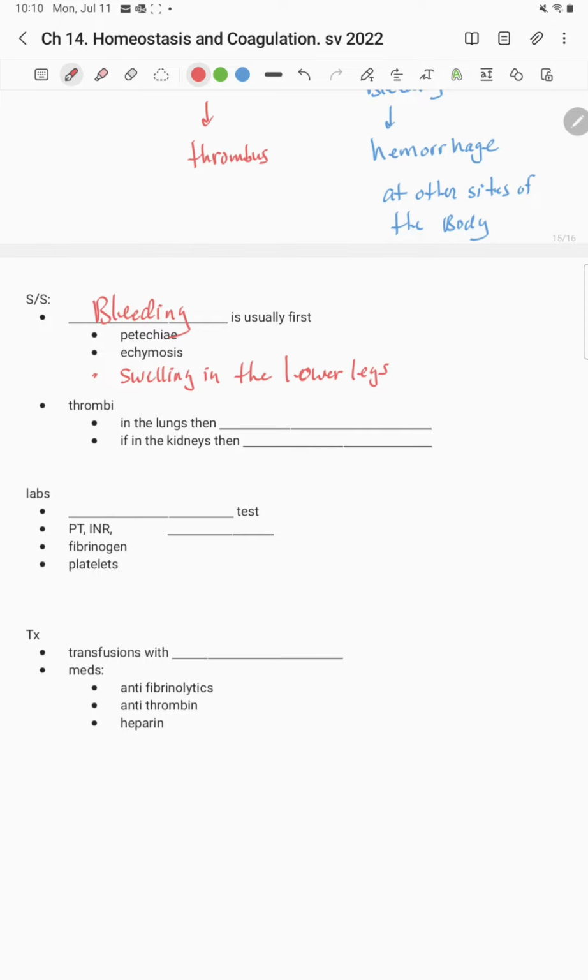Thrombi: if it's in the lungs, then the patient will have breathing issues as a sign or symptom. And if in the kidneys, then renal issues. They can also present with stroke symptoms if neuro or brain.